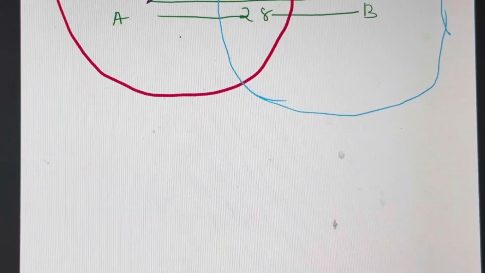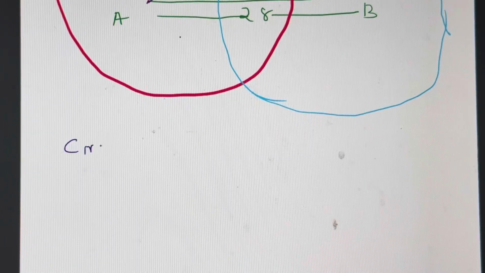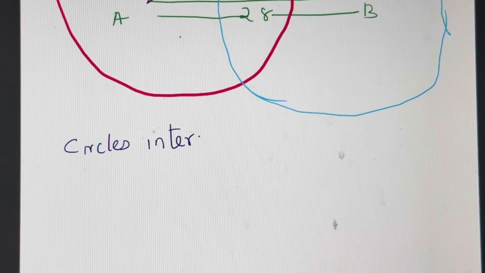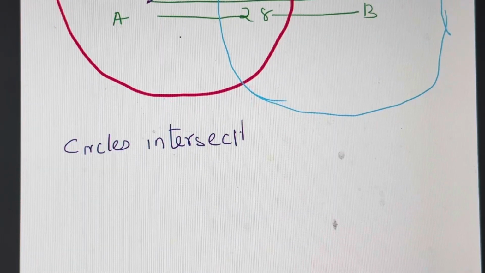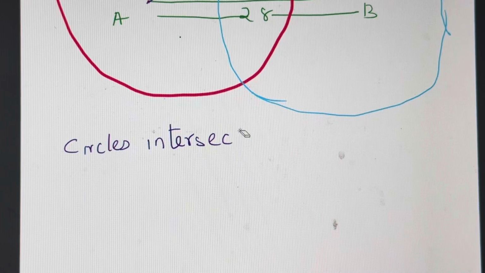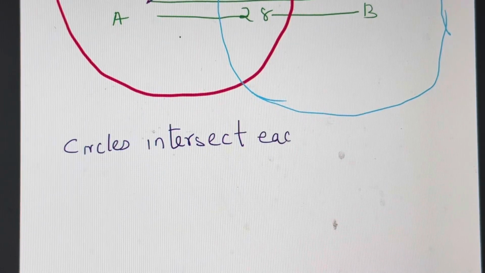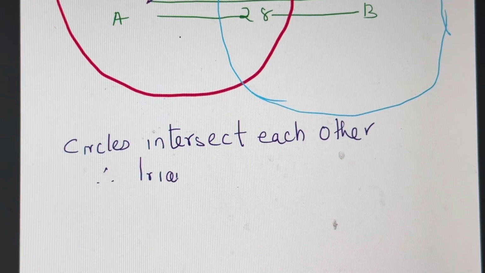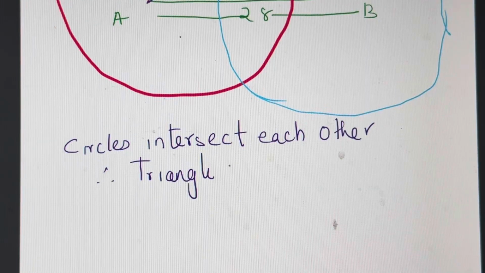So we'll write the conclusion that the circles intersect each other, therefore triangle can be formed.